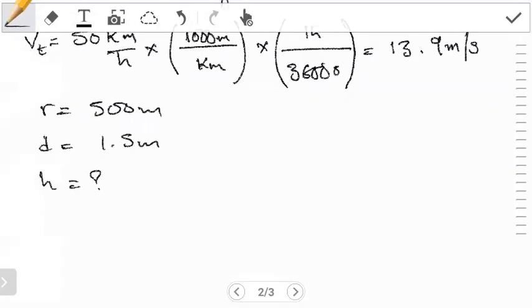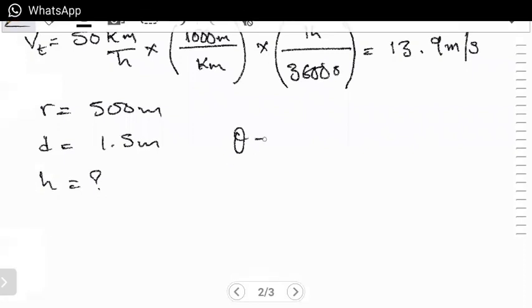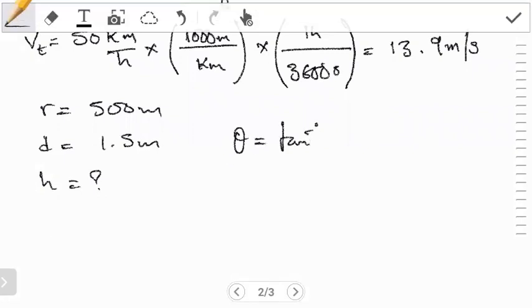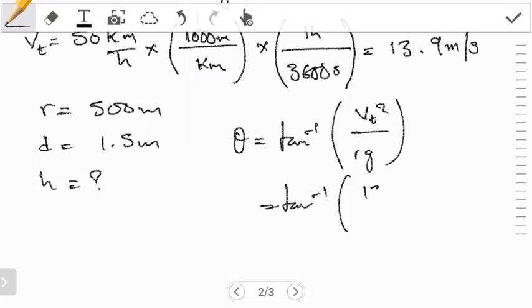So from our formula, first of all, we have theta is equal to tan inverse of vt squared over Rg. So we have everything we need here. So this is tan inverse. V, we found 13.9 squared over, okay, so this is over R, the radius is 500.